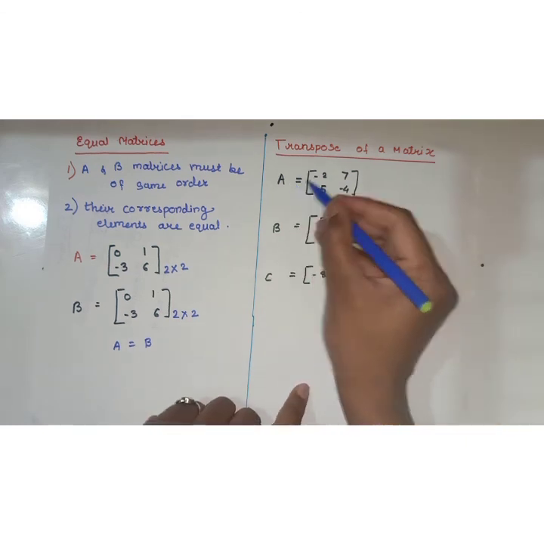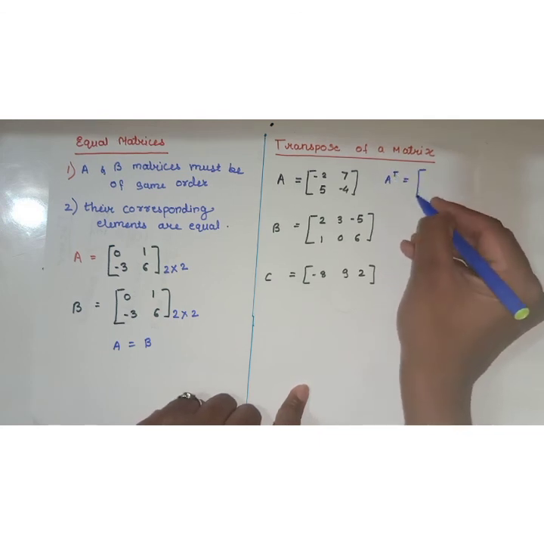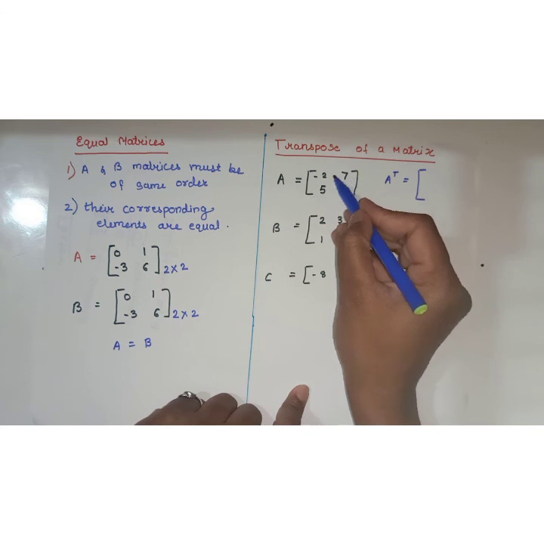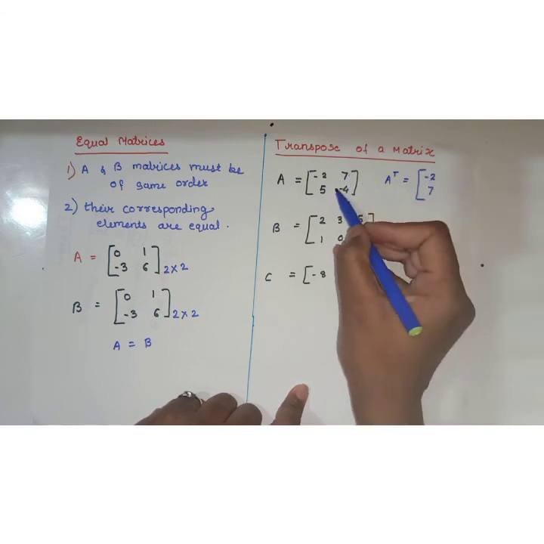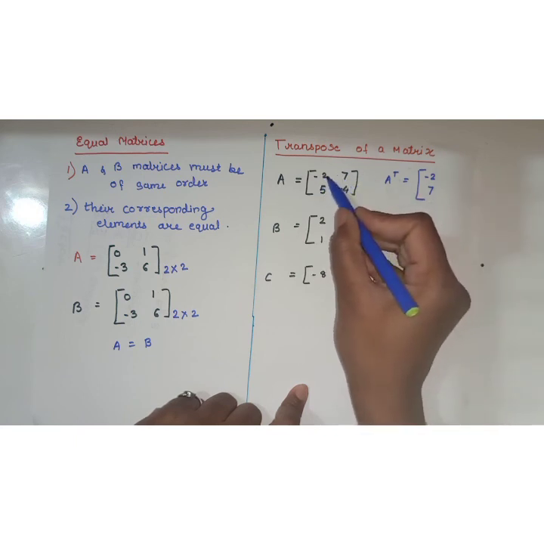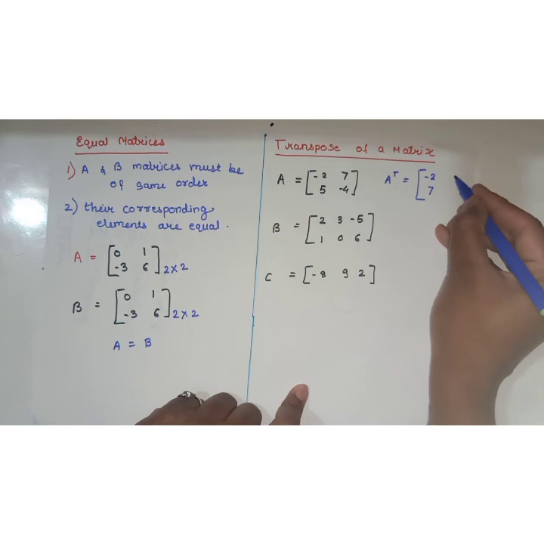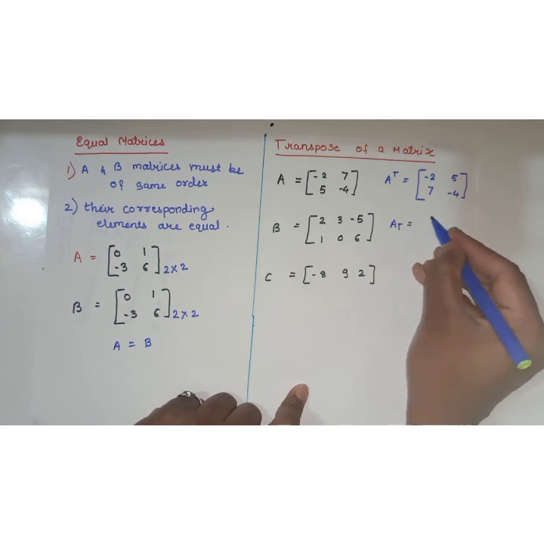So the transpose of this matrix will be: these rows I will make columns, so it will become minus 2 and 7, and this will be 5 and minus 4. The rows we are making columns.